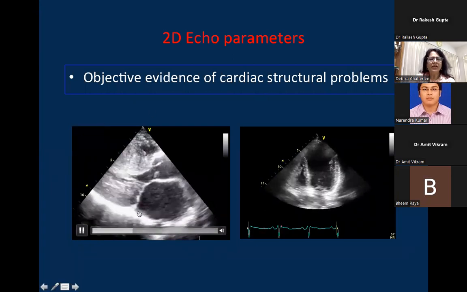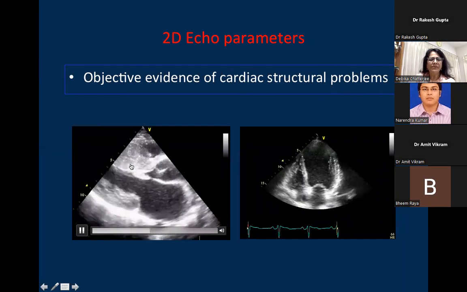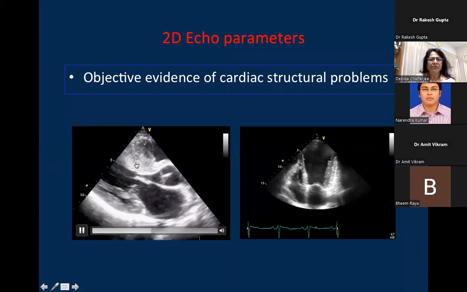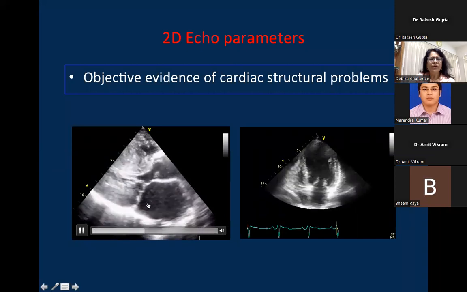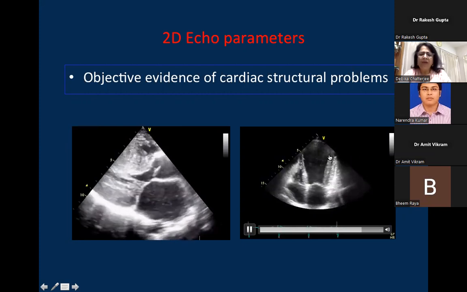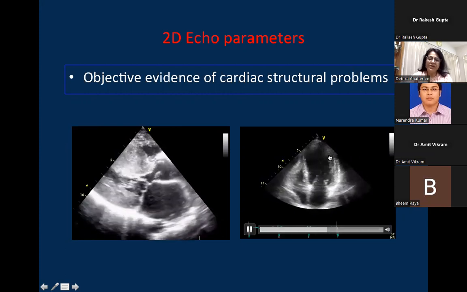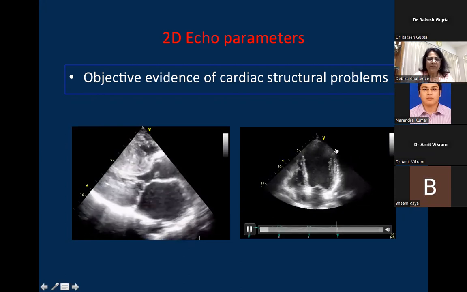Like this is a case of hypertrophic cardiomyopathy. Look at the septum, how hypertrophied it is. So an LA is enlarged. So you start thinking that this patient will have some diastolic dysfunction. So also in this case, there is a large infarction in the LAD territory. So this patient also will have a diastolic dysfunction. As I said, this myocardium cannot relax.